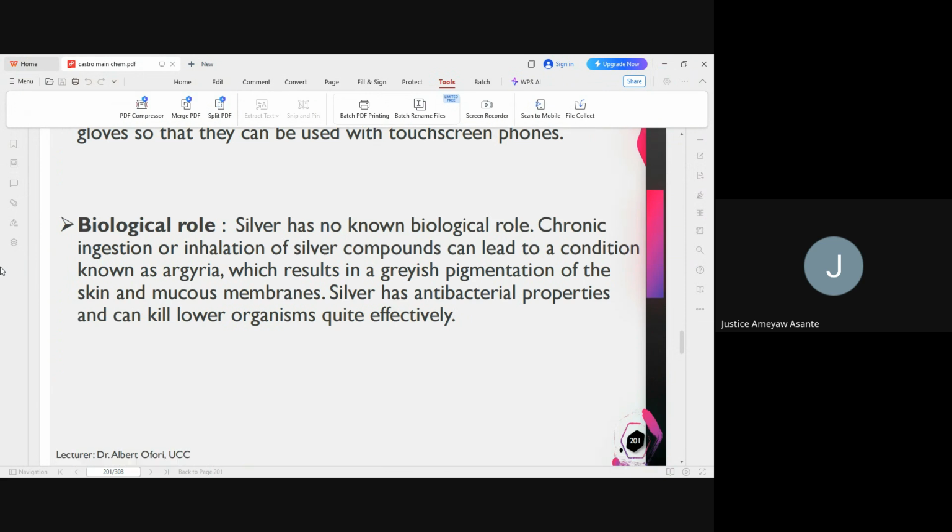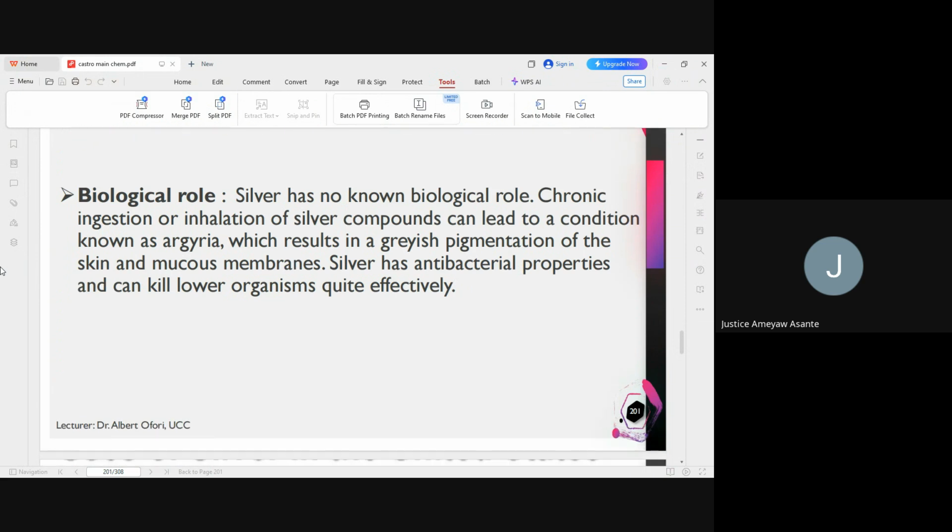Biological role: silver has no biological role. Chronic ingestion or inhalation of silver compounds can lead to a condition known as argyria, which results in grayish pigmentation of the skin and mucous membranes. Silver has antibacterial properties and can clear lower organisms quite effectively.